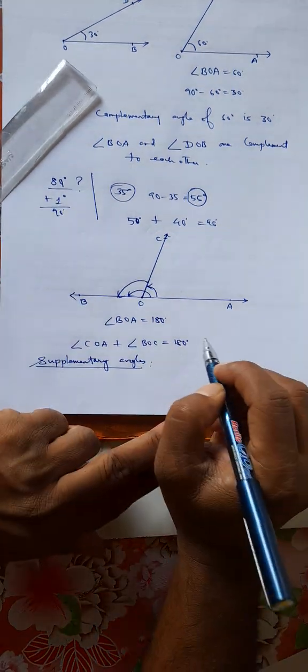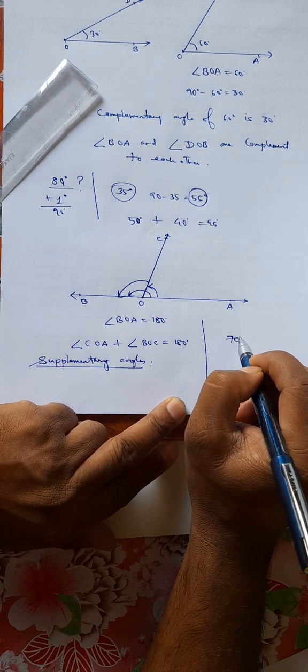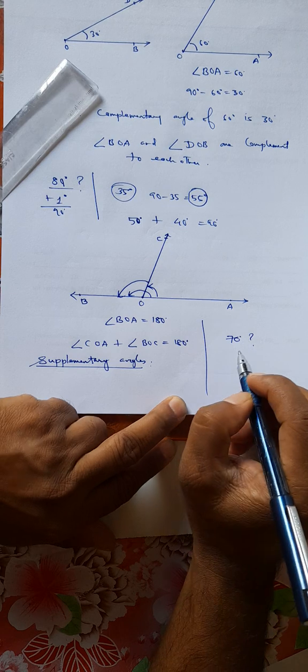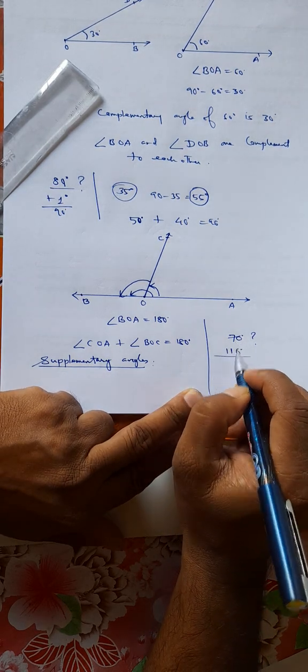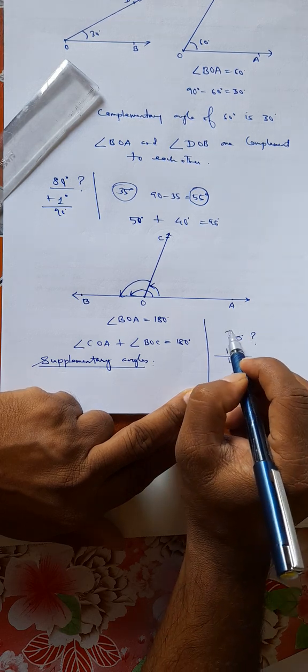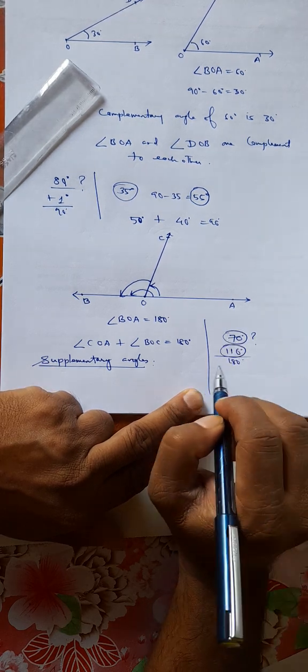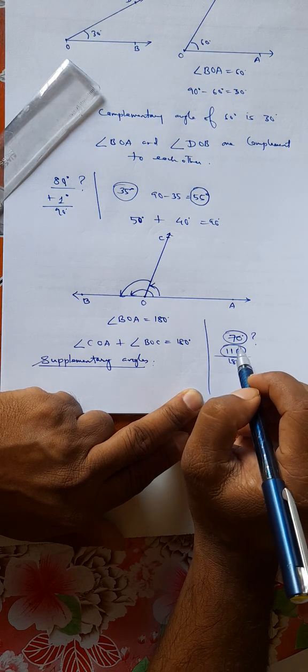So if I ask you what is the supplementary angle of 70 degree, right? 110 degree. 110 plus 70 is 180. So supplementary angle of 70 degree is 110 degree, or conversely you can say supplementary angle of 110 degrees is 70 degree.